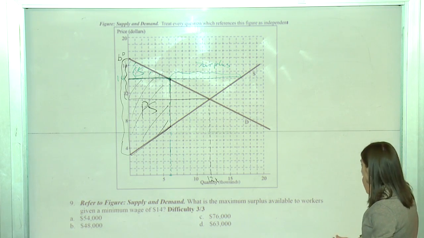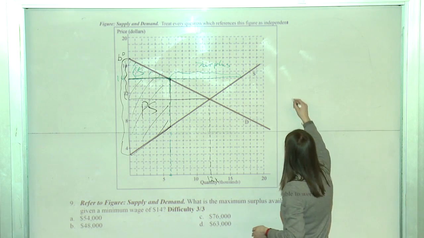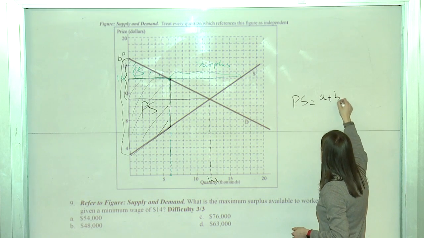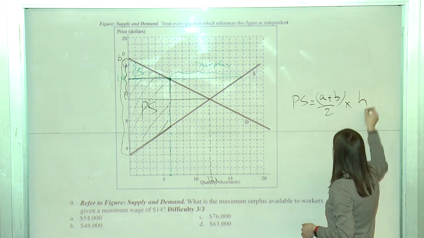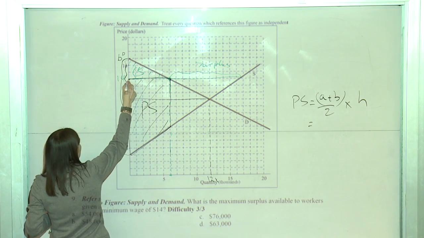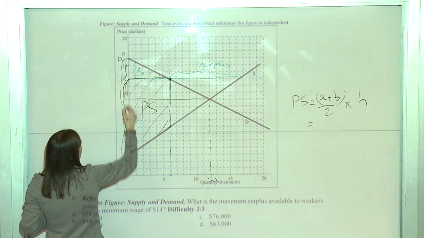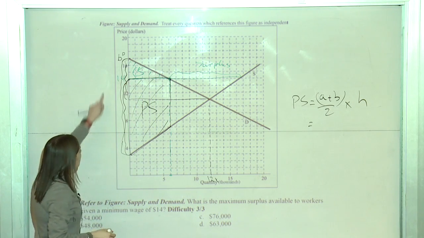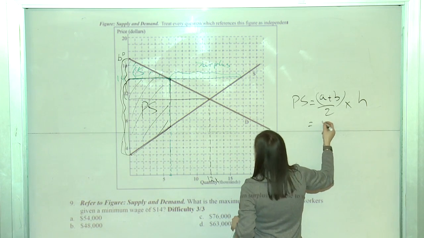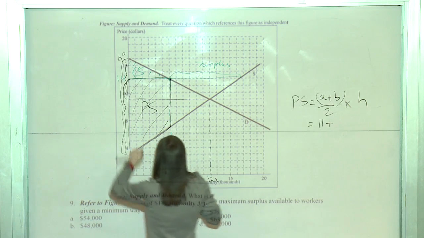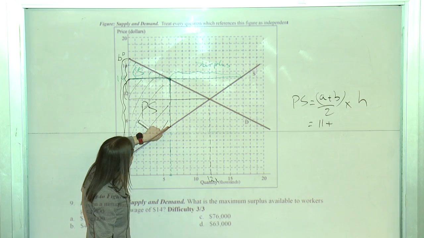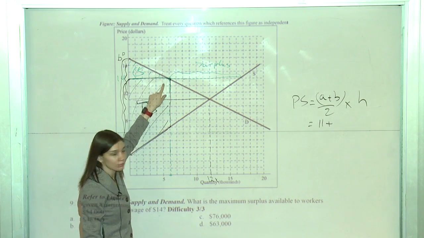So, the surplus available to workers. Producer surplus, as we said, is the area of that trapezoid. It's A plus B divided by 2 times H. The base of the trapezoid is here to there. What is this quantity? Well, it's 14 minus 3, which is 11. And this side of the trapezoid is actually 7. We figured that out before, but you can count it out.